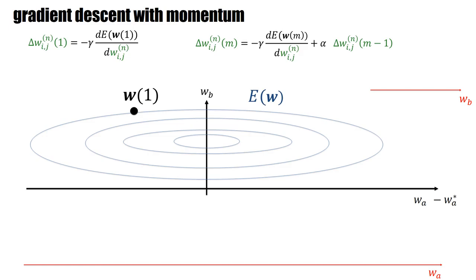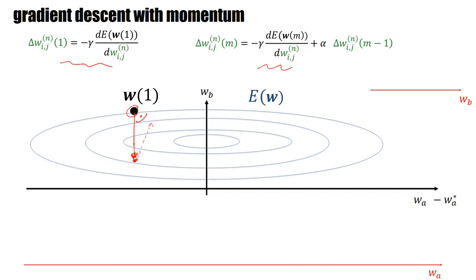So here is our initial configuration. In the first time step, we just move down in the direction of the gradient, which in standard metrics is perpendicular to the niveau lines. Now at this new location, we evaluate again the gradient. And so the gradient would go in this direction.